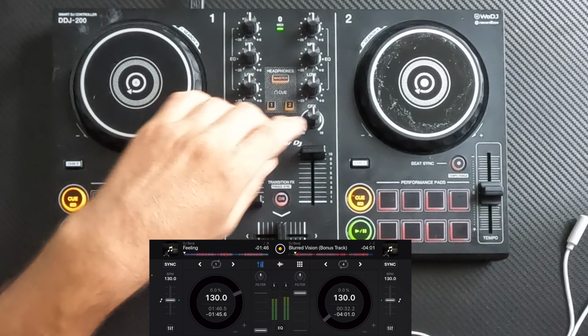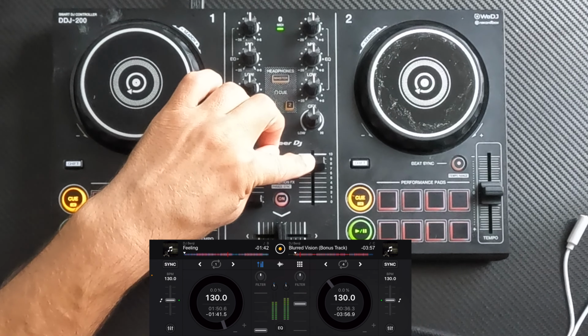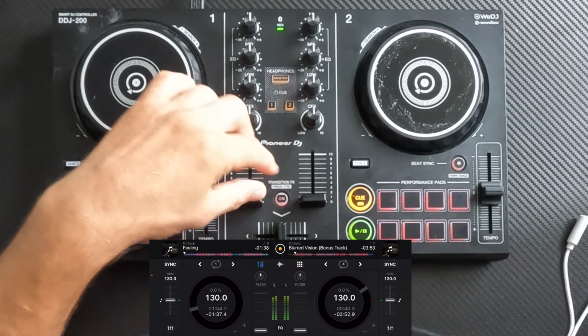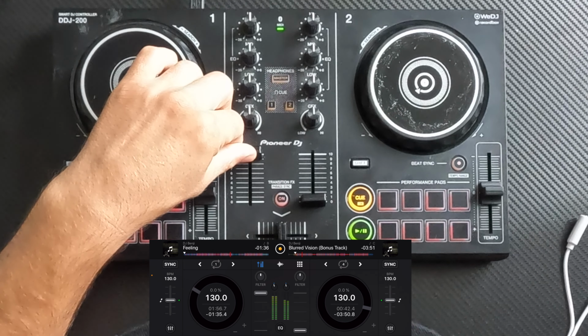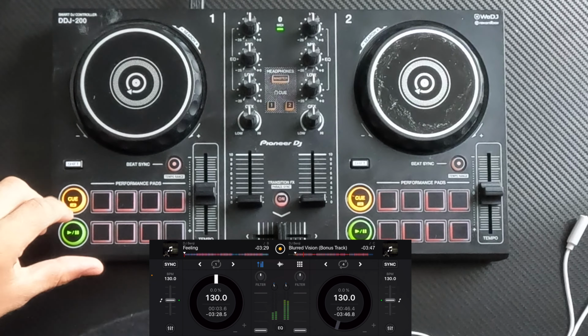Okay, so let's talk about the mixer. This here is the volume control, and this one also has a volume control, and they're not mixed at the moment, but I will do that because they're both at 130.